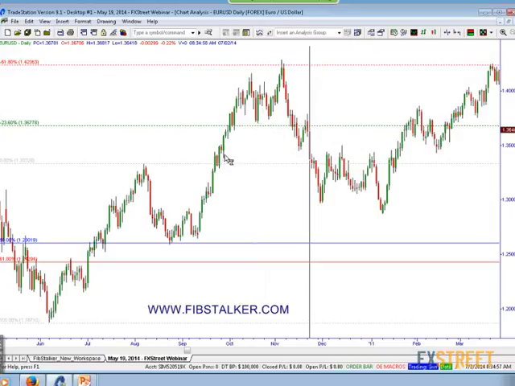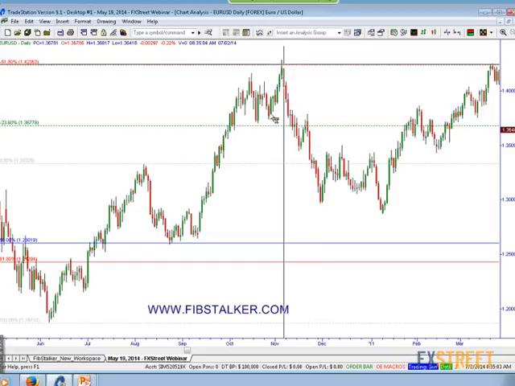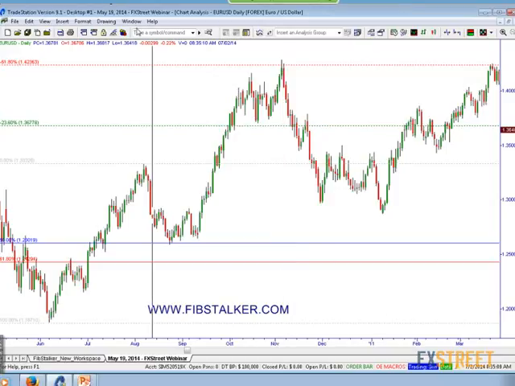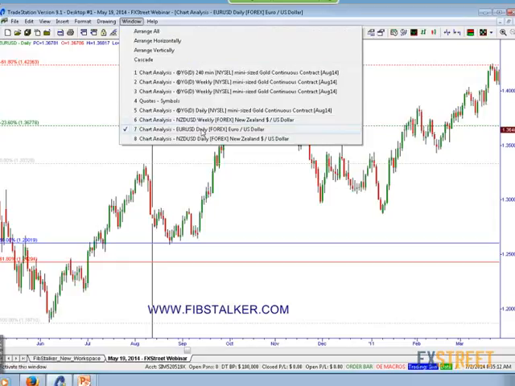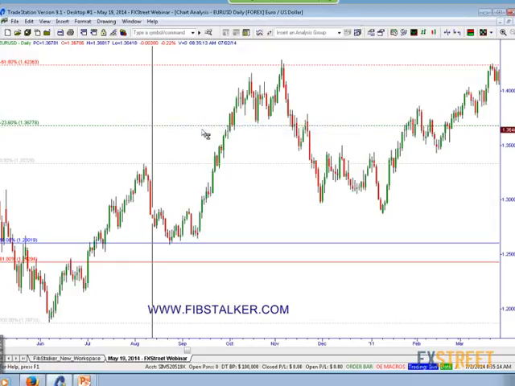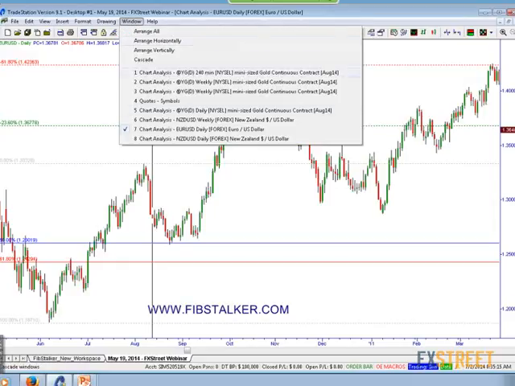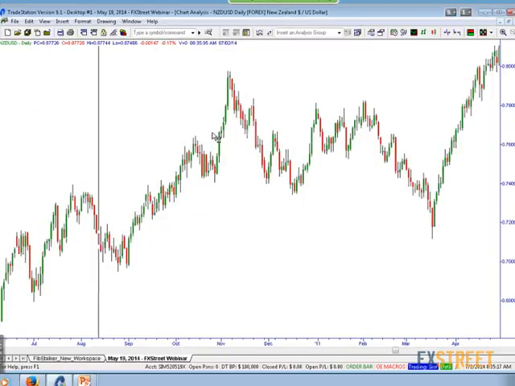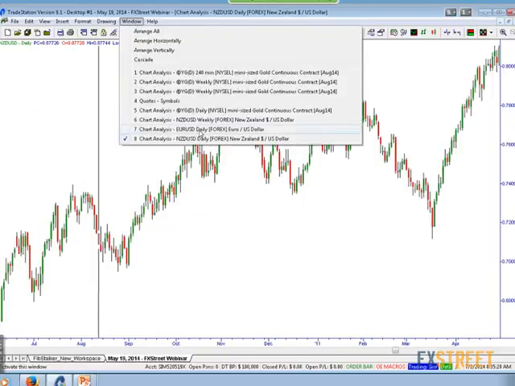So the sequence of measured move did not fail. There was an indication that the market was not ready to move lower. I just wanted to pinpoint this. When we move to the New Zealand dollar versus US dollar, I'm going to show you the same pattern here.